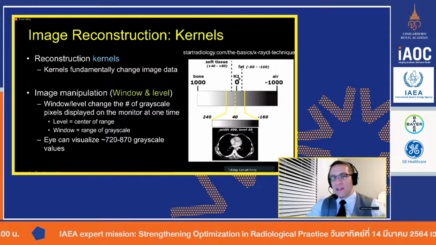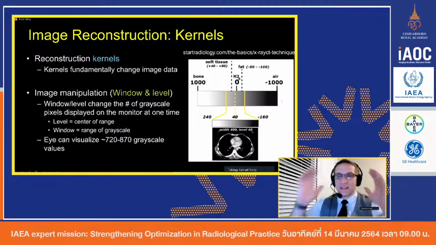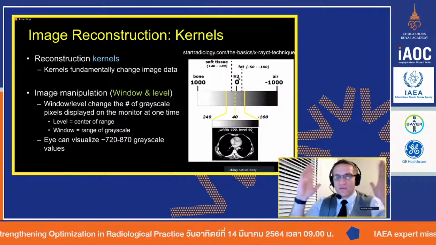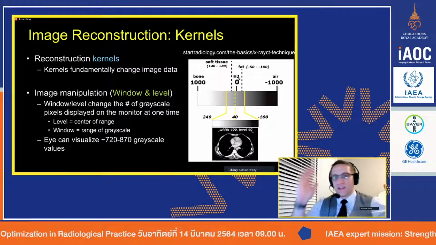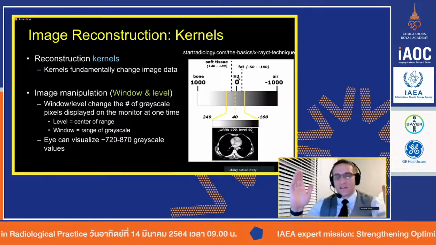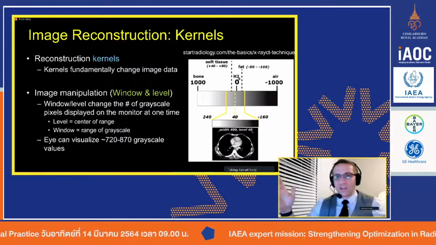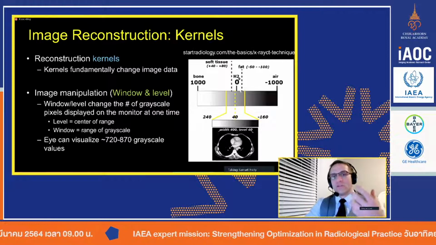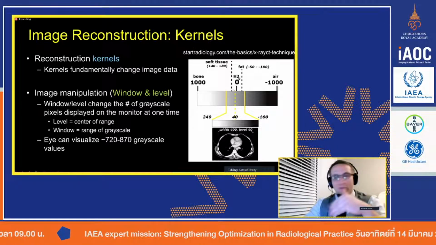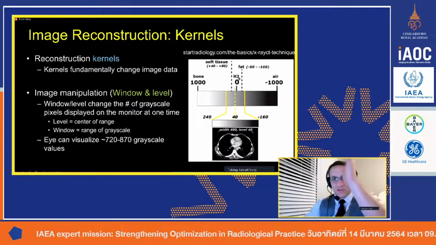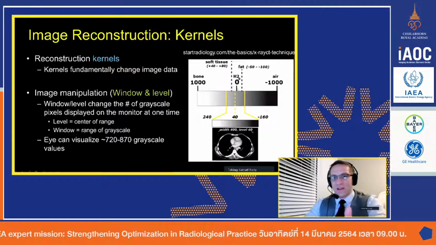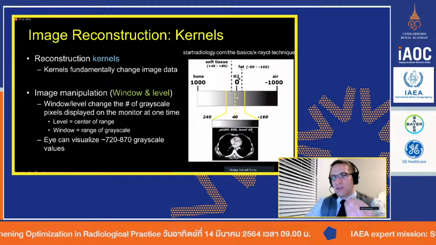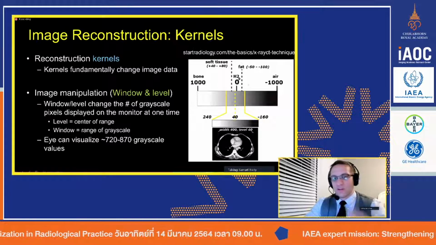At any given time, the radiologist's eyes cannot properly differentiate this range of, say, 1,000 to -1,000, or even 3,000 on the bone side to -1,000. That's just too many grayscales. The image would look washed out. So we do what we've been doing for years now: we set the level, kind of the center area, the type of tissue we want to really focus on. Soft tissues would be somewhere close to 0, by water.